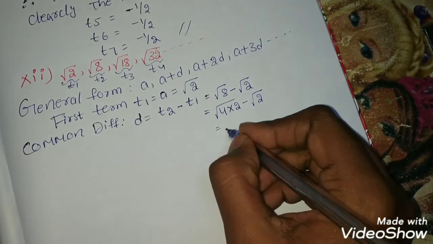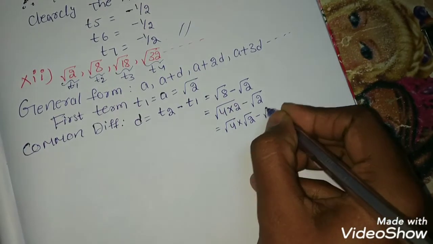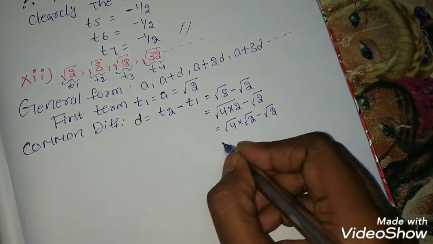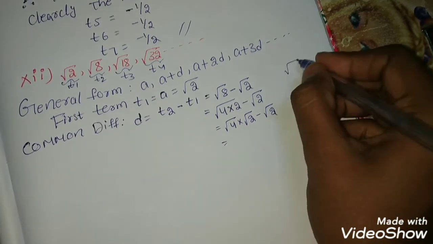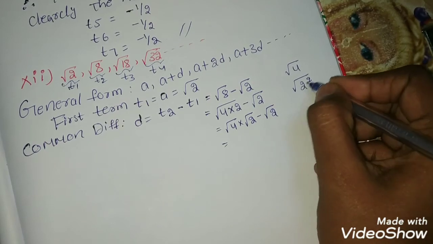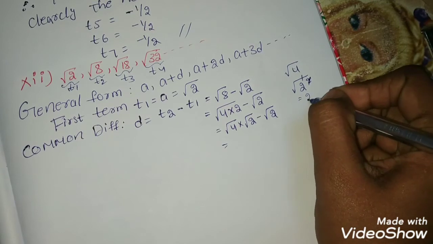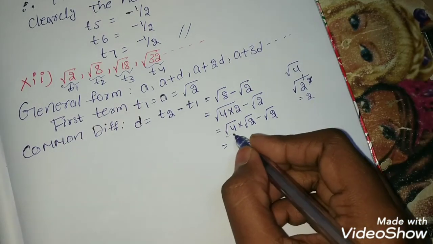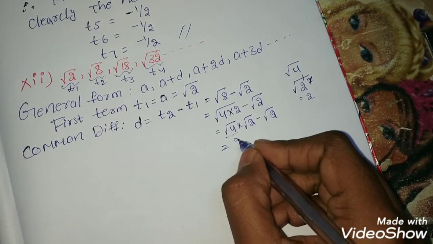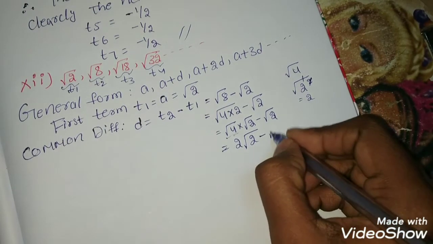So write it separately, root 4 into root 2 minus root 2. Okay, right? What is root 4? So root 4 can be written as root 2 square, right? 2 square is 4. Square root gets cancelled. So what is our remaining number? Is 2. So root 4 can be written as 2 into root 2, as it is like this, minus root 2.